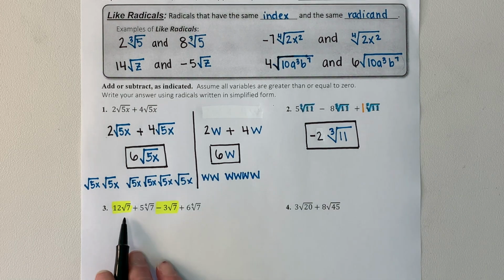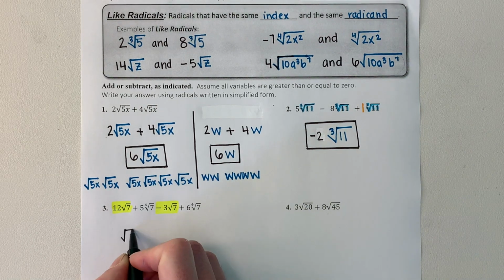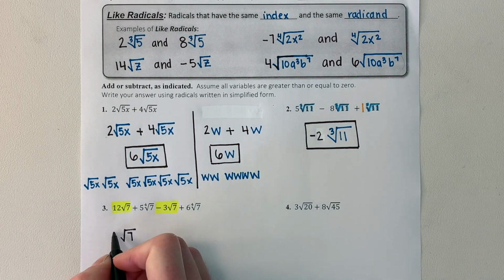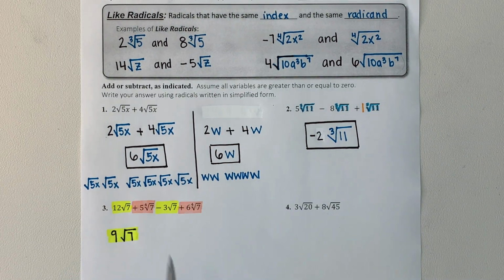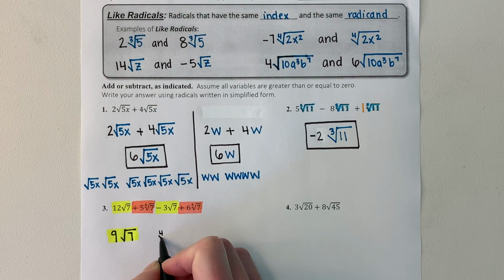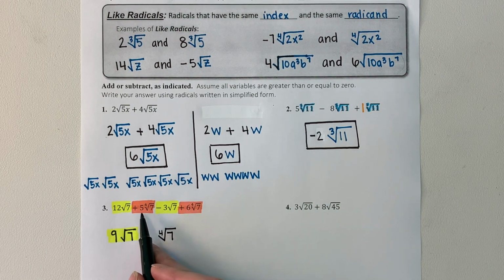And to do that, we keep the radical base, which is the square root of 7, and we'll subtract the coefficients. 12 minus 3 will give us 9. Then these are like radicals because they have the same radical base, the fourth root of 7. So we can add these like radicals. And to do that, we keep the radical base, which is the fourth root of 7, and we'll add the coefficients.